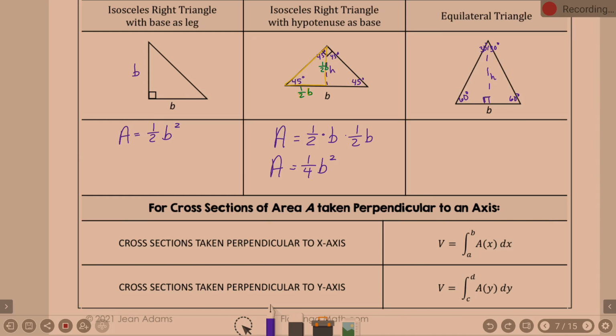Does that make sense? So 30, 60, 90. Yeah, geometry was a long time ago. We also talked about this last year in trig and pre-calc. How we quickly forget, all right?